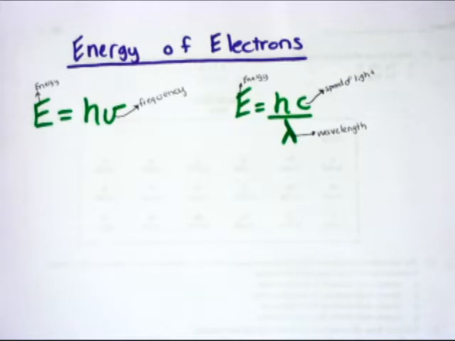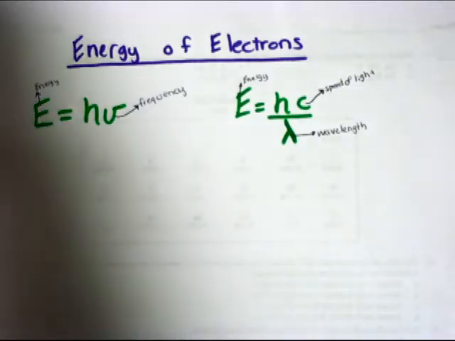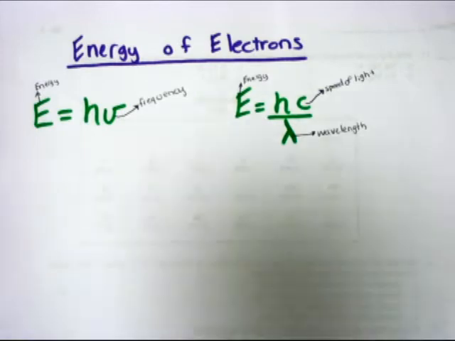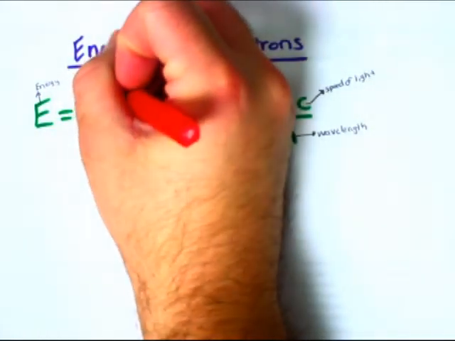And that's a constant value we have to describe. That's going to be called Planck's constant. A value that is never changing, a value that is static. So let's go over it. This H stands for Planck's constant.